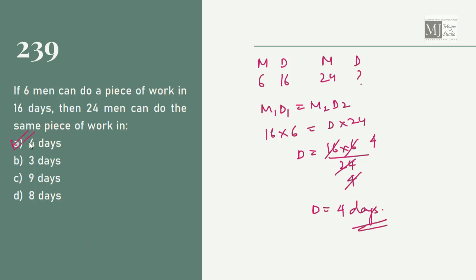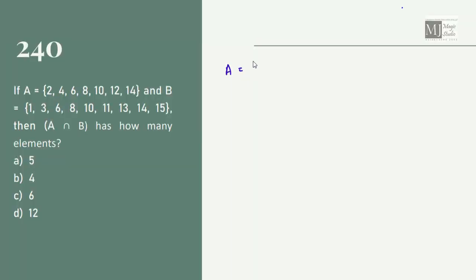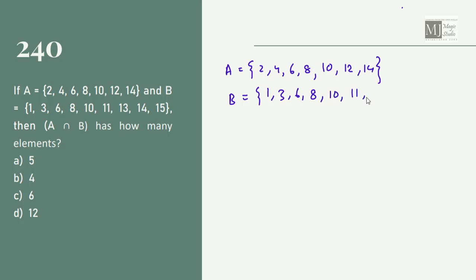Option A fits in. If set A has 2, 4, 6, 8, 10, 12, 14 elements and another set B has 1, 3, 6, 8, 10, 11, 13, 14, 15, then what is A intersection B?